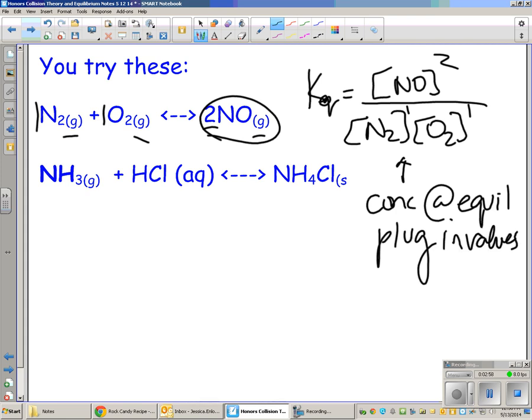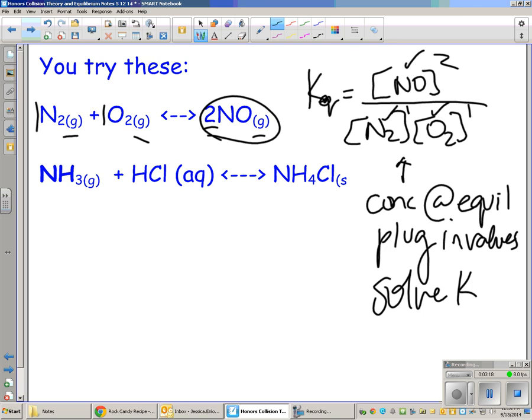And if I can plug in values, I can solve for what? If I can plug in a value for this one, and this one, I can solve for K. And if I can solve for K, I can tell what about the reaction? I can tell if it's favoring the product formation or reactant formation.